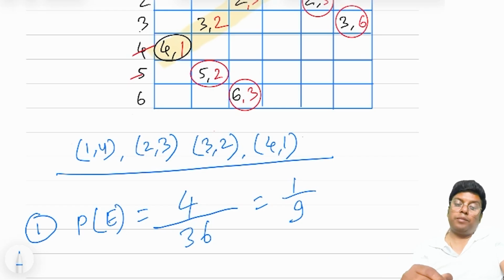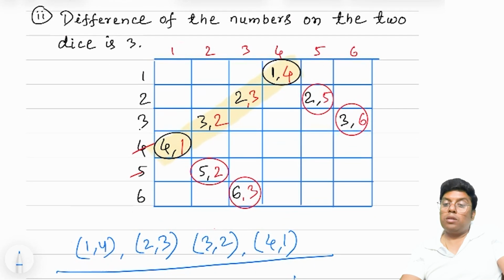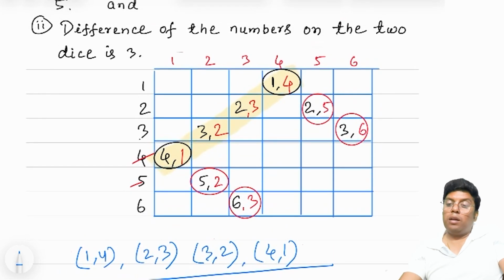Now question number 2, difference of the numbers on the two dice is 3. Here, the outcomes which have been encircled are the favorable outcomes, where 1 appears on the first dice and 4 appears on the second dice, then the difference will be 3.